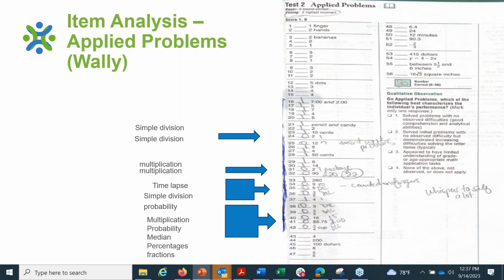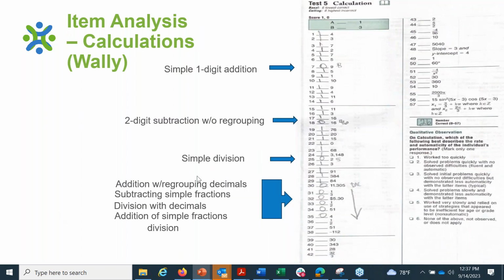That took me some time to go through, look at that score report, go back to the actual test to remind me what the task or skill being measured was for each of these items, and then conduct that item analysis. I did the same thing for calculation, with the same results.